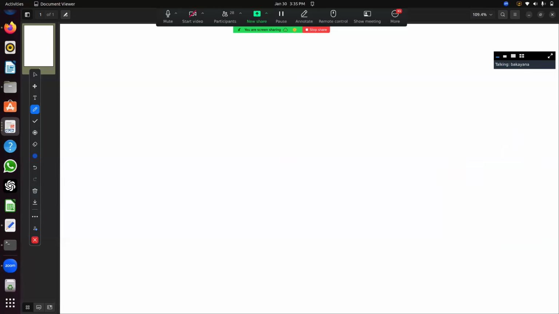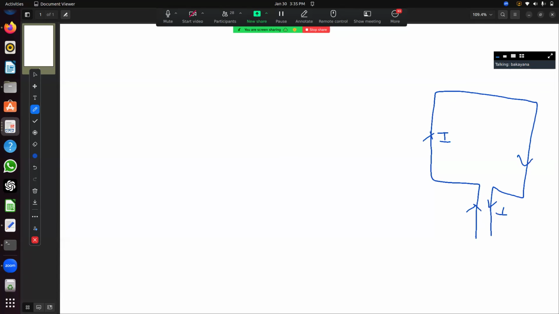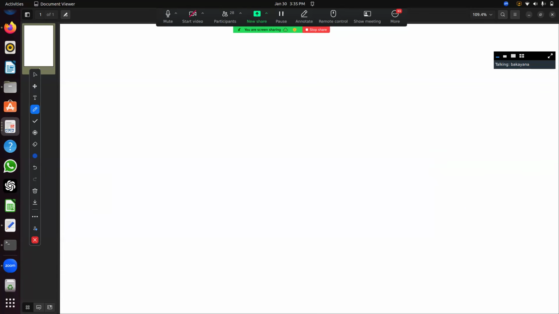So similarly, you can have a coil in terms of a rectangle like that. So that's one turn. Current goes in through the coil, and then current comes back through the coil.